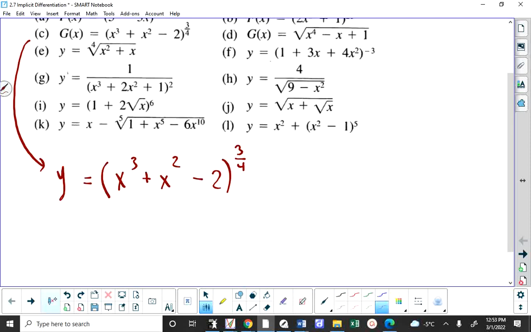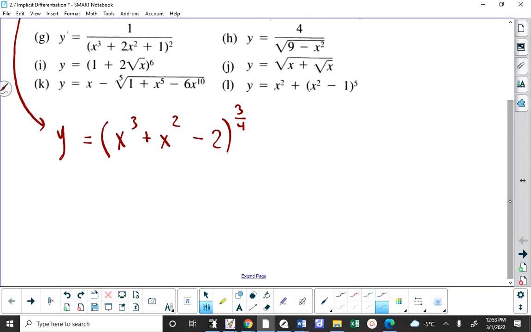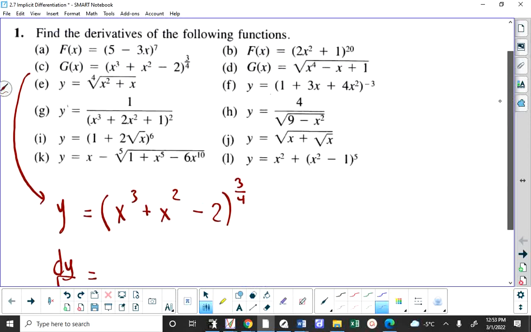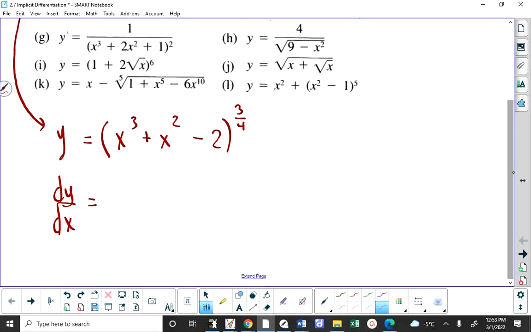So when I apply the chain rule to a power, I differentiate by wrapping that exponent. Better make sure I wrote the question down correctly. I did. By wrapping the exponent, which is 3/4, around the base, which is rewritten in identical form to what it was, and subtracting 1 from the exponent that was.